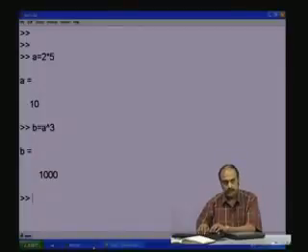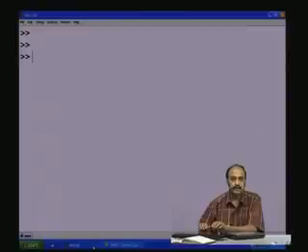Now, this is very suitable for our purpose of analyzing the circuits, which are of course being represented as state equations, and the mathematical equations can directly be ported in here.